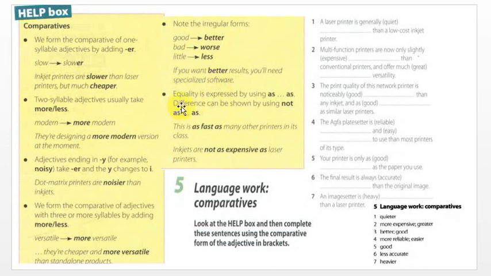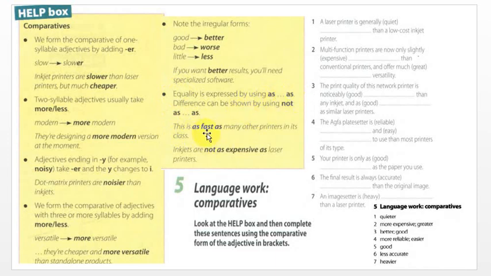Equality is expressed by using as. Difference can be shown by using not as. When you compare two things that are similar or equal, we can use this structure: as plus adjective plus as.